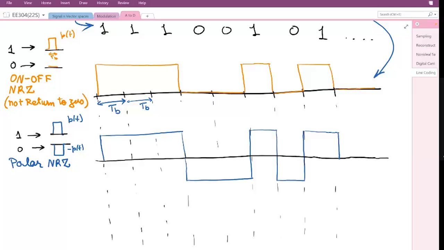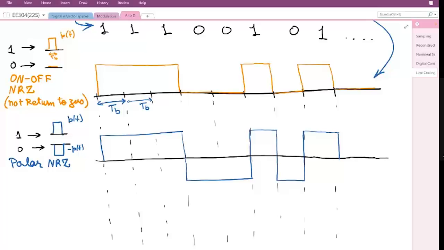You might think that if the duration is Tb and there are 11 ones, I can just count 11 times Tb, and that will tell me how many bits were transmitted. But if this is communicated over the channel, there will be some communication delay, which is always the case in a practical scenario. In that case it is easy to lose track of the number of ones for a string which has continuous ones or zeros.